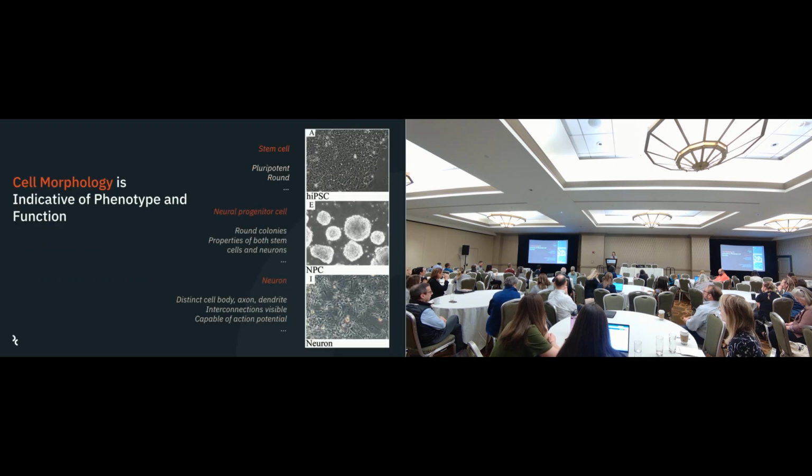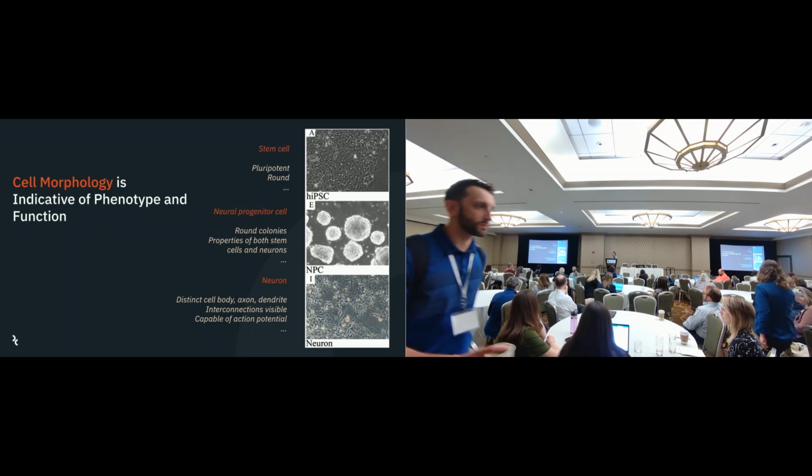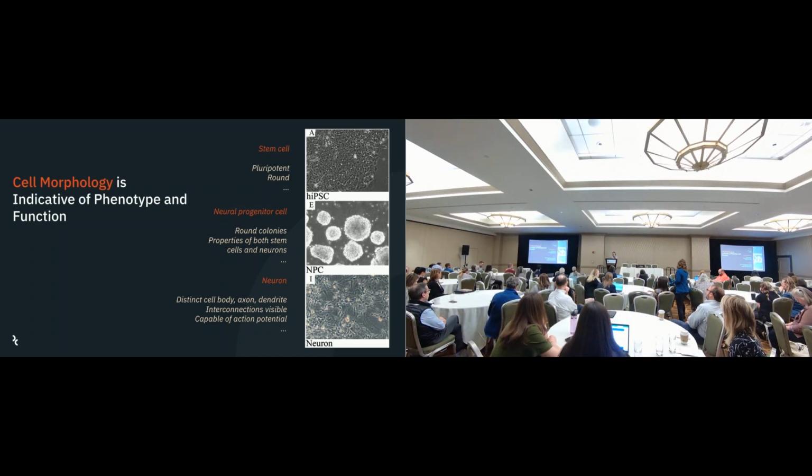It's well known that a cell's morphology is inherently tied to its function. The shape of the cell often determines what the cell will do. An example I have here is stem cells being differentiated into neurons. When they're in their stem cell state, they physically look round, they grow in colonies, and that reflects their pluripotent nature, that their function is to be fairly undifferentiated.